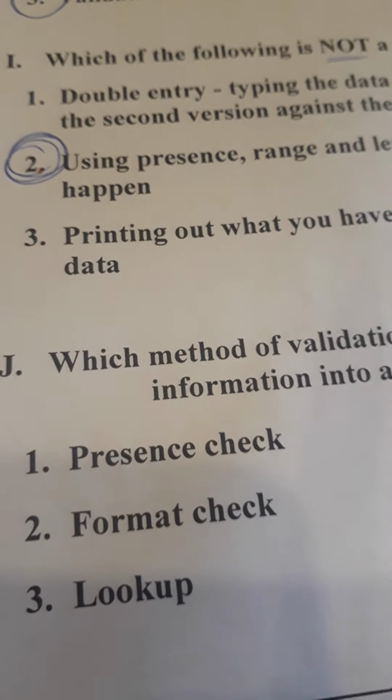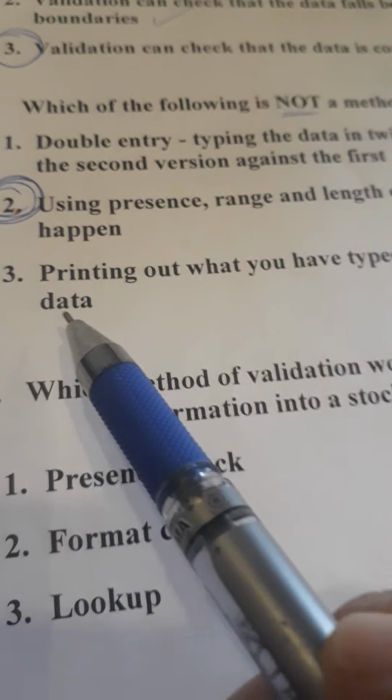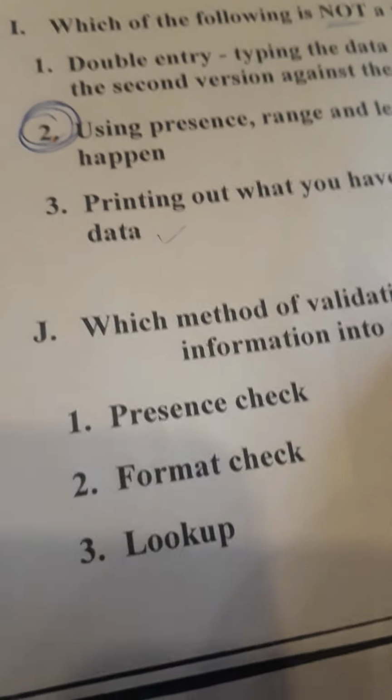It's not a verification. Then this is the answer here. Okay, printing out what you have typed and comparing it against the source of data. This is comparison, so it is a verification check.